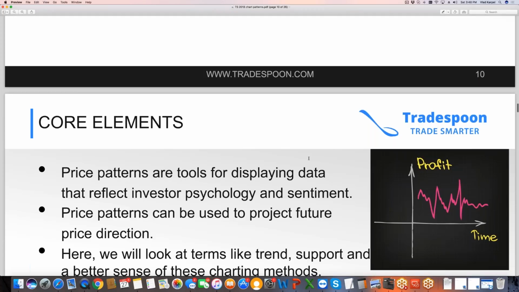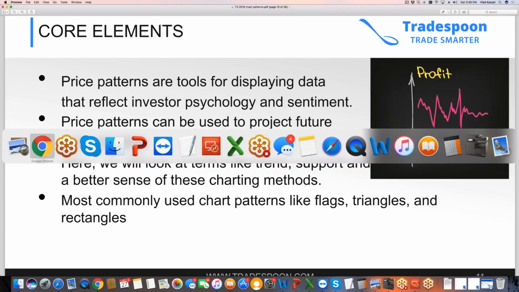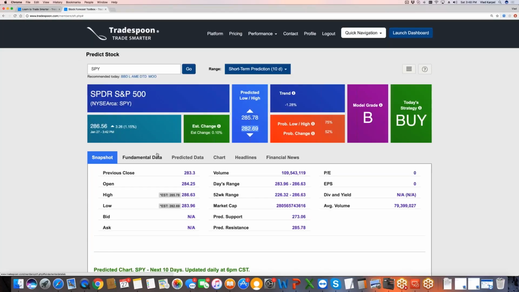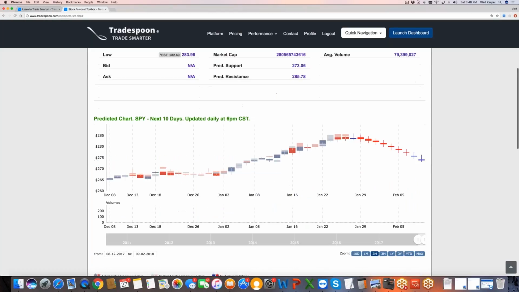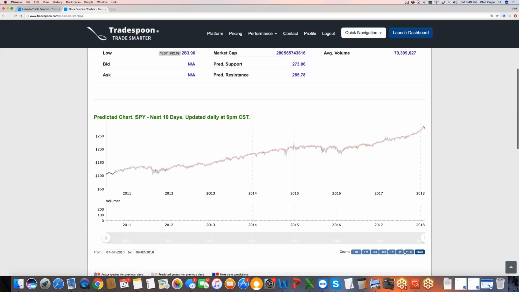All right, so what are the core elements of price patterns? These are the tools for displaying data that reflects investor psychology and sentiment. Somebody asked me to look at the previous slide, so spiders. If everybody looks at the spiders and finds certain price patterns, certain support lines, the head and shoulders, and sees a head and shoulders forming, then you have a herd effect.